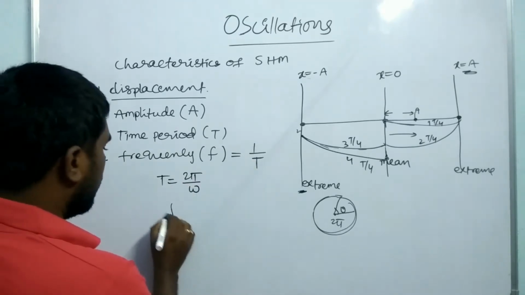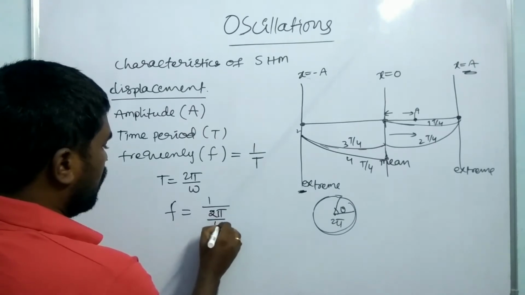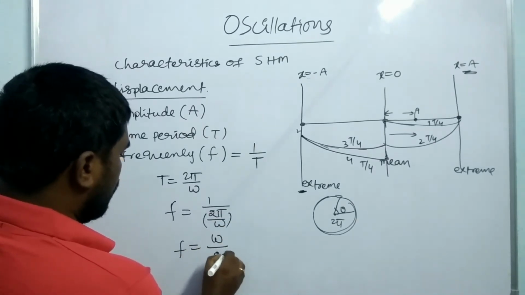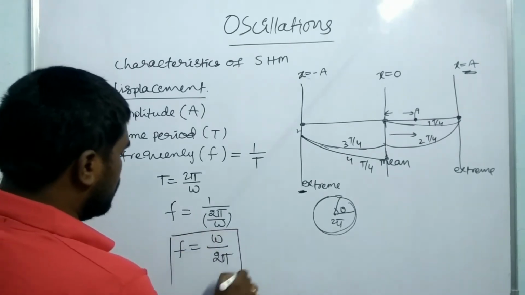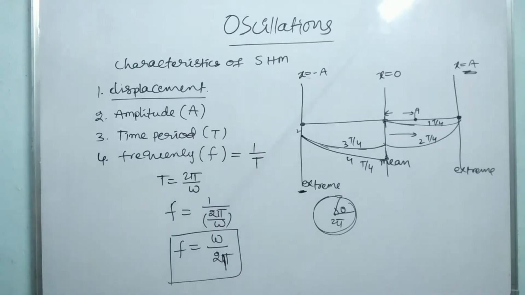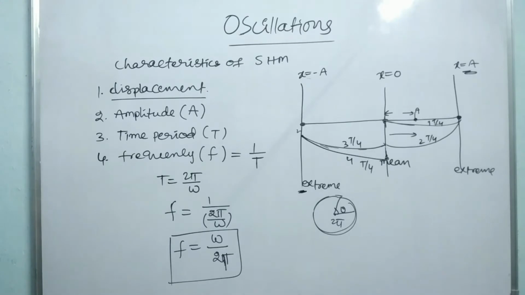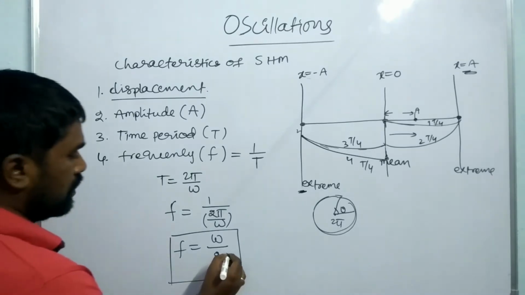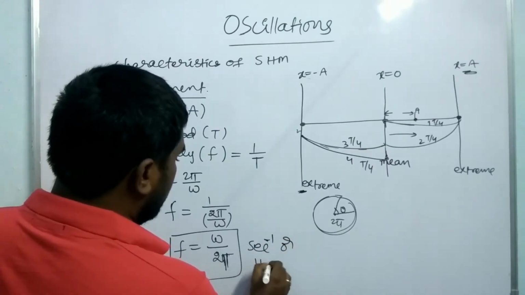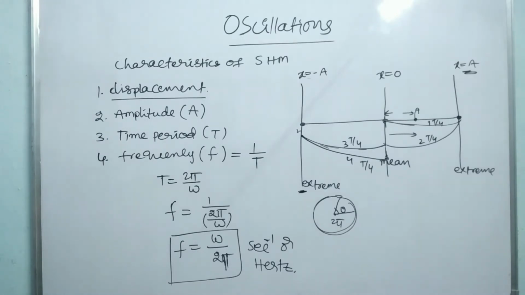Let us substitute here: F is equal to 1 by (2 pi by omega), so F is equal to omega by 2 pi. This is the frequency of the particle in SHM, omega by 2 pi. It can be measured in second inverse, or simply in hertz.